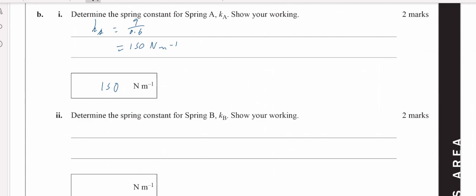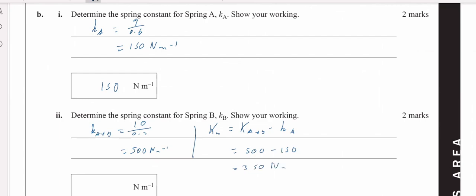Yeah, so we can find K for A plus B first, 500 newtons per meter. Then we can find KB by K of A plus B minus KA. So we found that this is 500. We previously found that this is 150. It will be 350 for B.